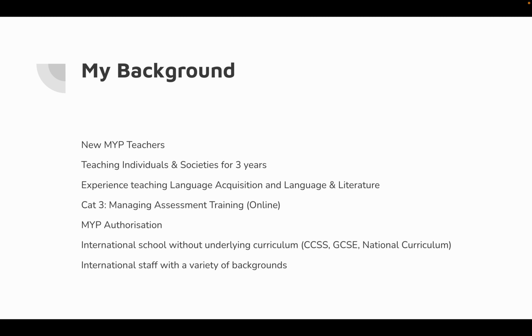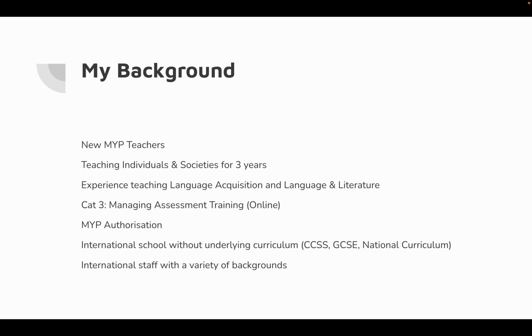Another thing as well, working in an international school, my school does not have an underlying curriculum. IB is technically called a framework, and the way that I understand it is that it's meant to overlay an existing framework.